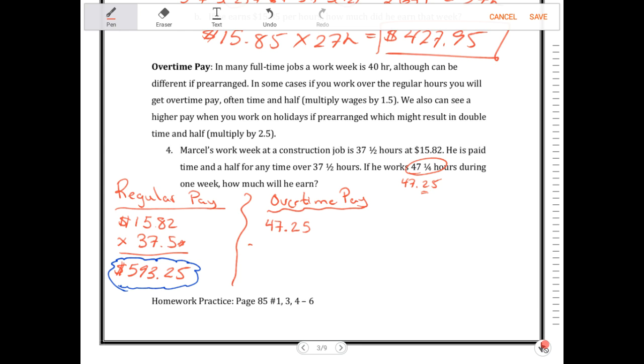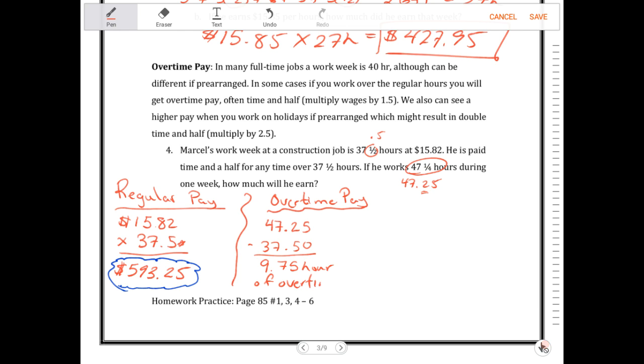Let's take away his regular amount of hours that he always works, which is going to be 37 point, what's the decimal for 1/2? That's 0.5 or 50, doesn't matter. Now subtract that in your calculator, and that's going to give you 9.75 hours of overtime.